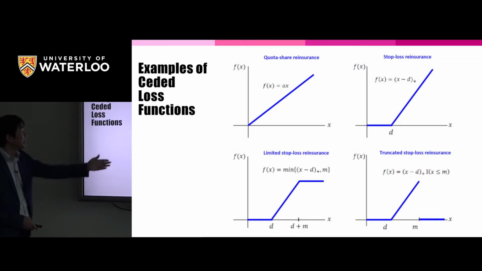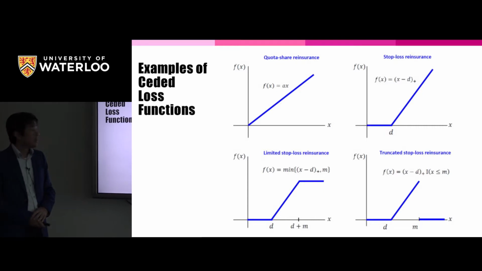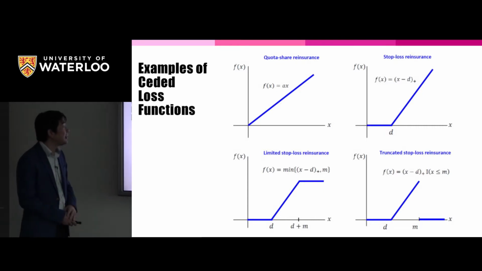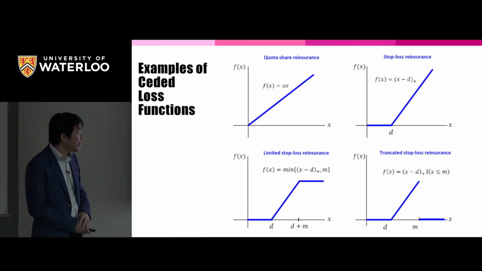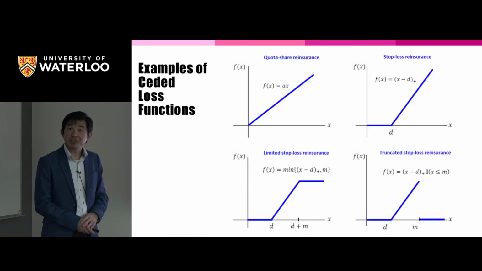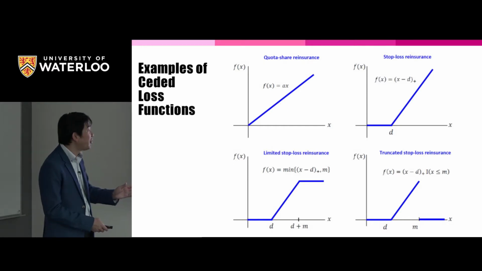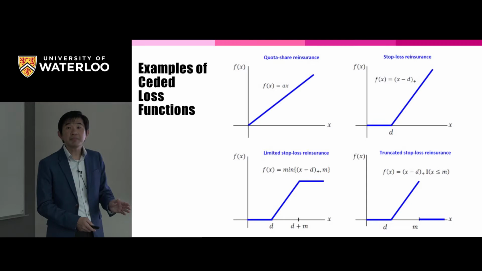Finally, the truncated stop-loss reinsurance. This has a very peculiar shape, in the sense that for any amount less than M, it looks like a stop-loss, but anything beyond that, it immediately drops drastically to 0. So for any losses greater than M, there is no indemnity payment.